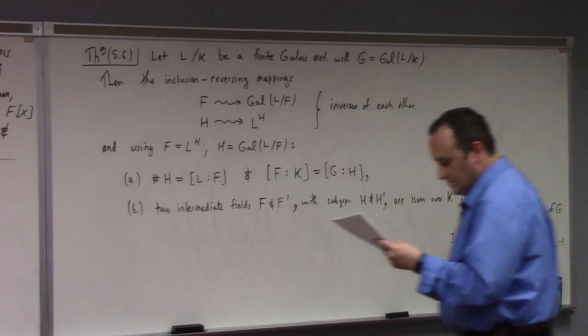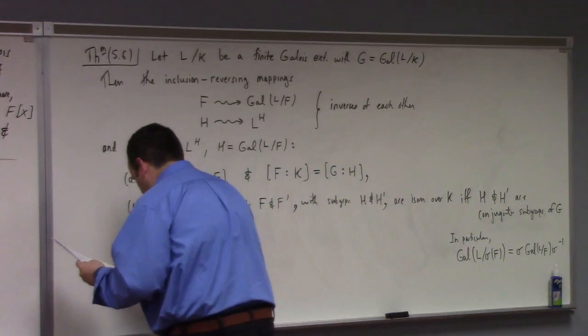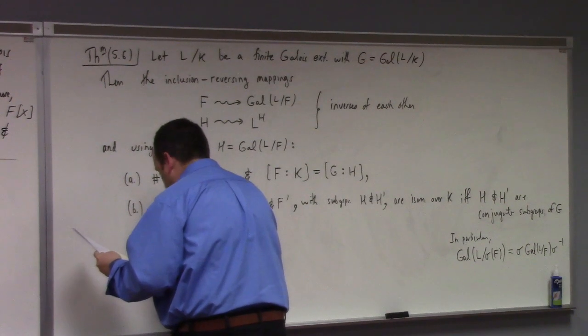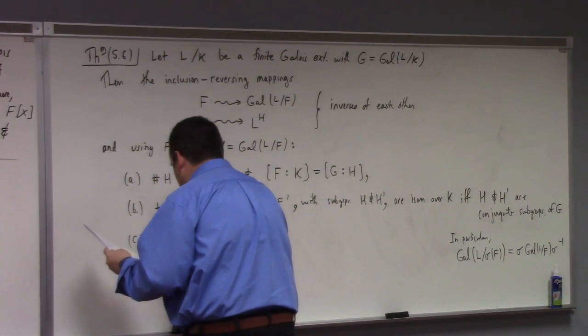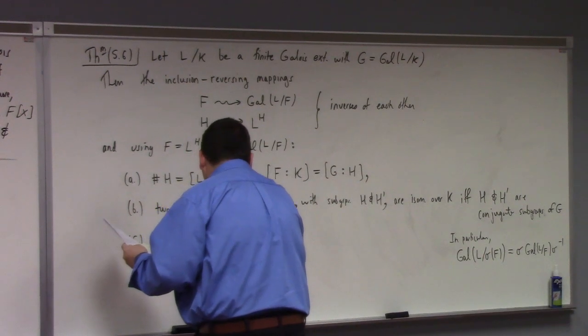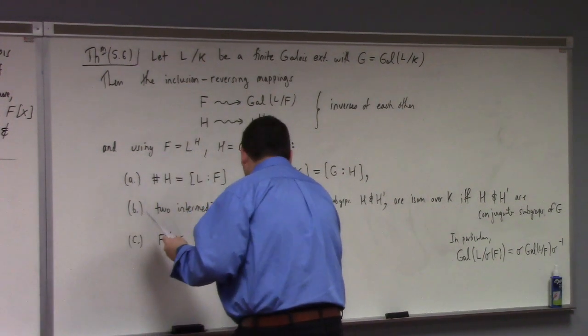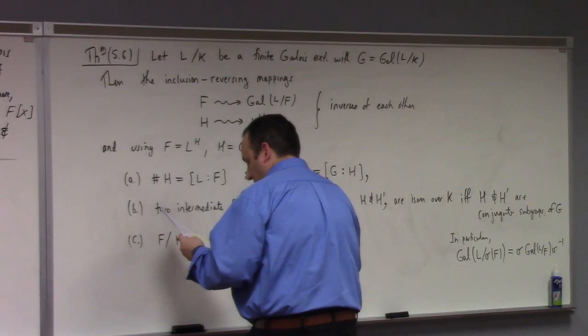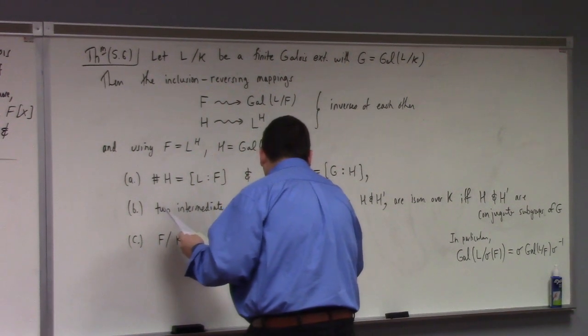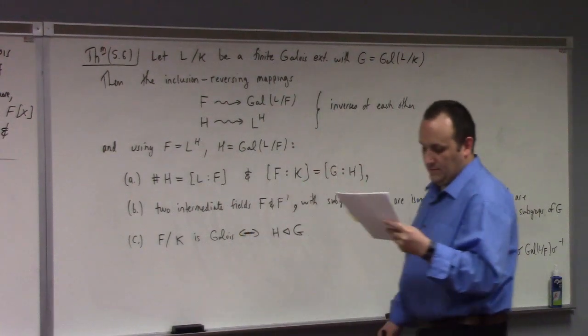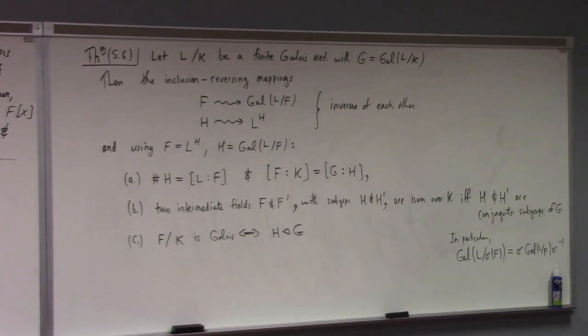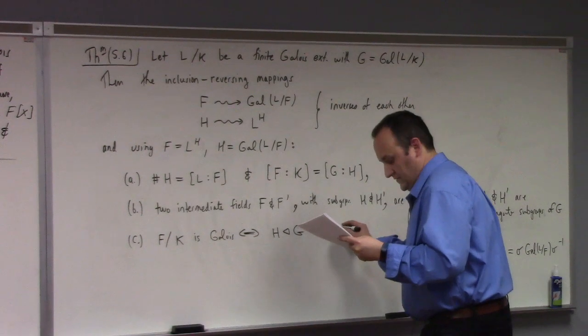And then C, and this is what we're going to try to be digesting over the next few days, F over K is Galois if and only if H is normal in G. In which case, the restriction map G to the Galois group of F over K, where sigma maps to the restriction of sigma to F, is surjective with kernel H. So, I'll just get to the point here.